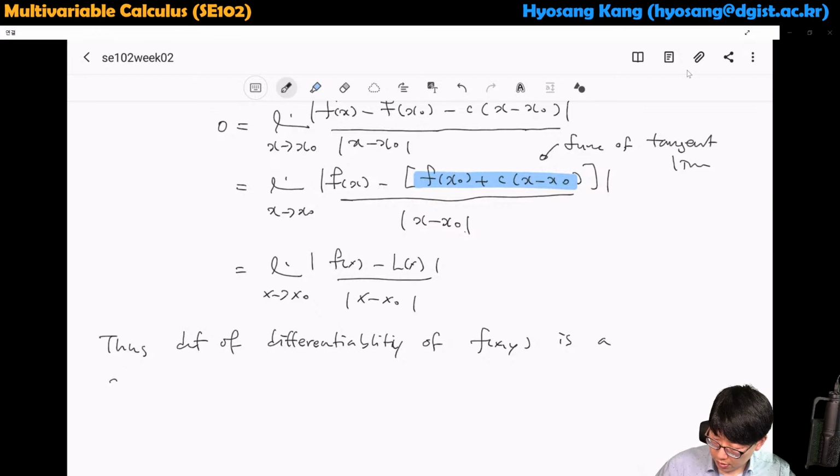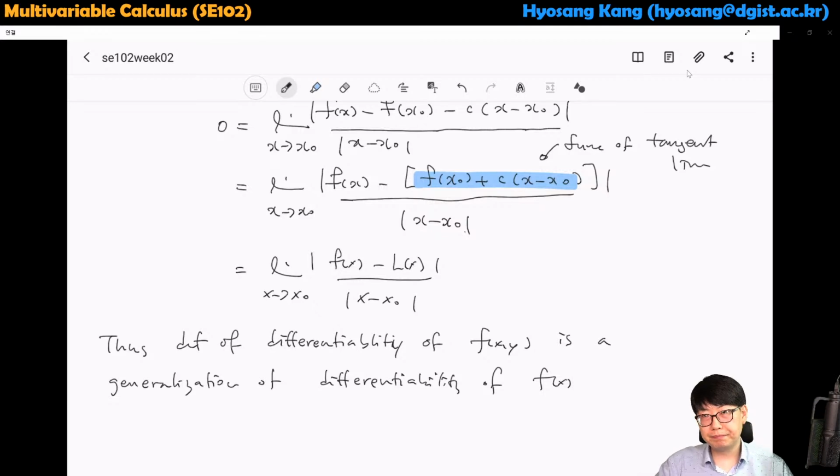It is a generalization of differentiability of single variable function. Okay, so we're not talking about different things, we're only talking about the same thing in a slightly more general version.